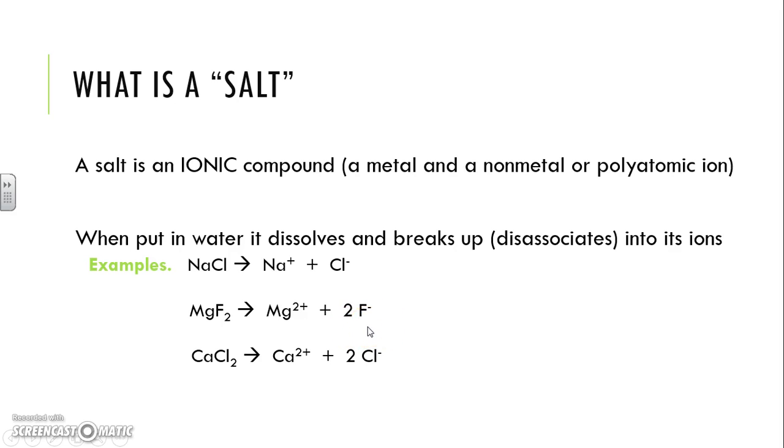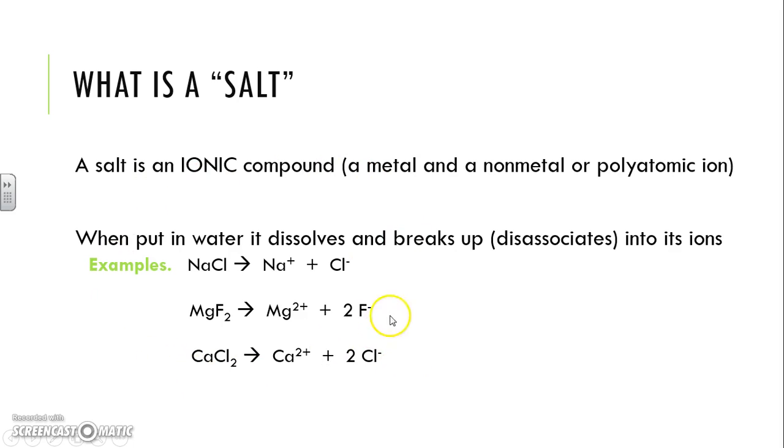A common salt that we use during the winter in Colorado is calcium chloride, which is CaCl2, and we use it to salt our roads so that the snow and ice will melt faster. And when it dissolves in water, it forms Ca ions and Cl ions.